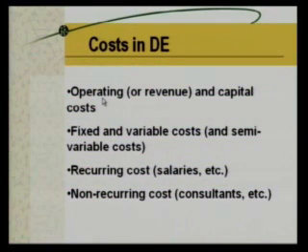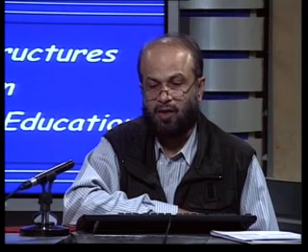Operating costs are those items of expenditure by the institution which the institution spends to conduct the particular program. So operating costs are basically relating to all the recurring expenses. And operating costs are directly related to the number of students admitted and the varieties of activities that the institution undertakes.